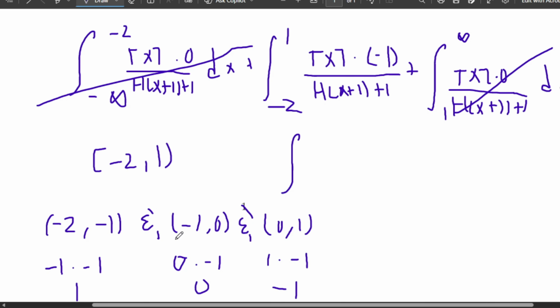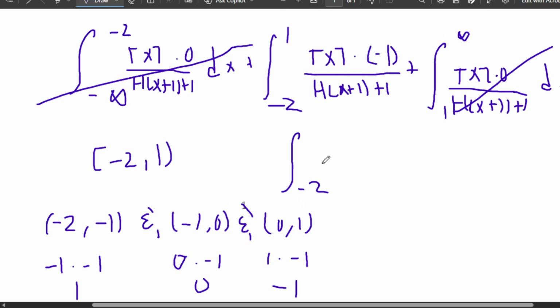So we can evaluate from negative 2 to negative 1.